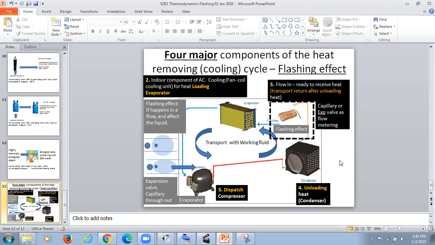So that's why the flashing effect is very important. If you know the flashing effect very well, you can design capillaries. Even I have done some computer coding programs for capillary designs. Yeah. So that is very important.